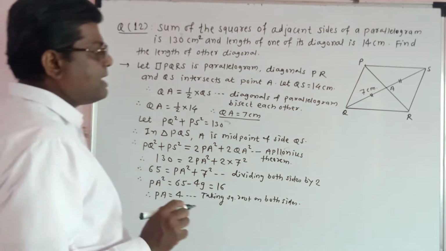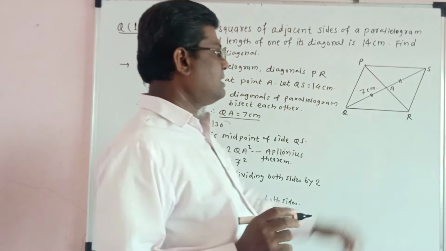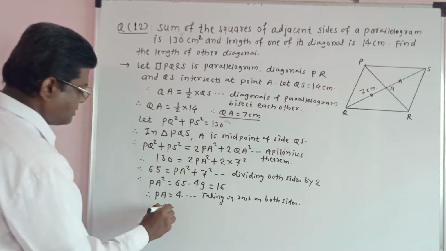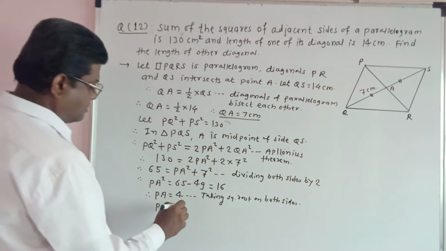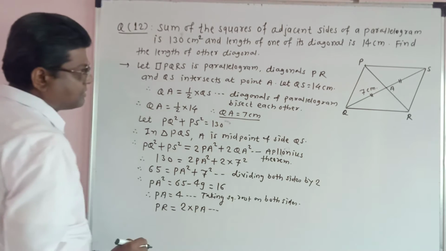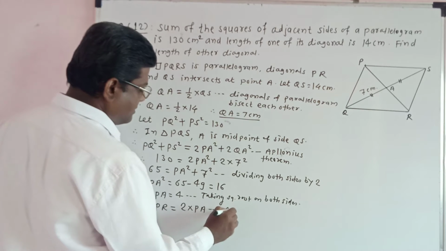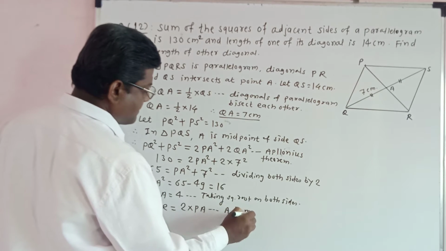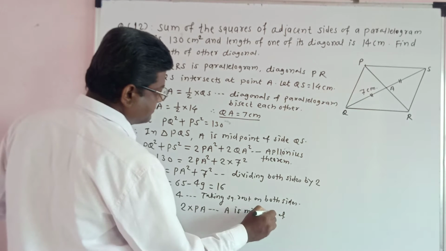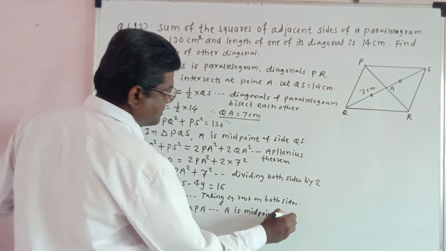Now we have to find the other diagonal, that is PR. So PR is equal to 2 into PA. Reason is A is midpoint of PR.